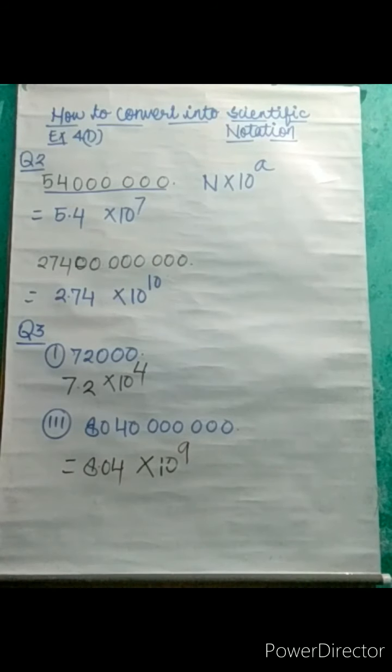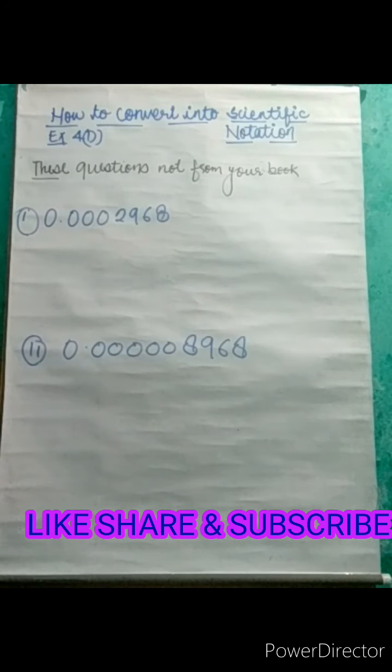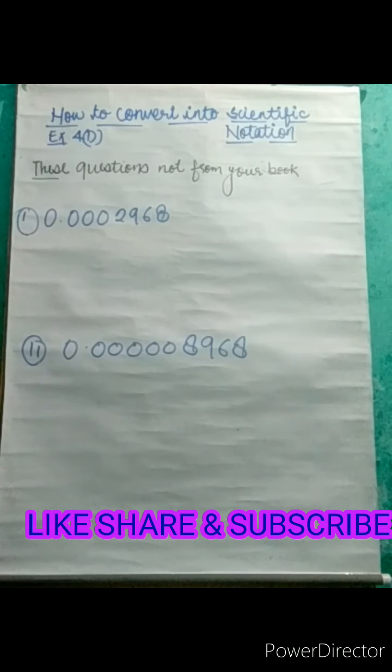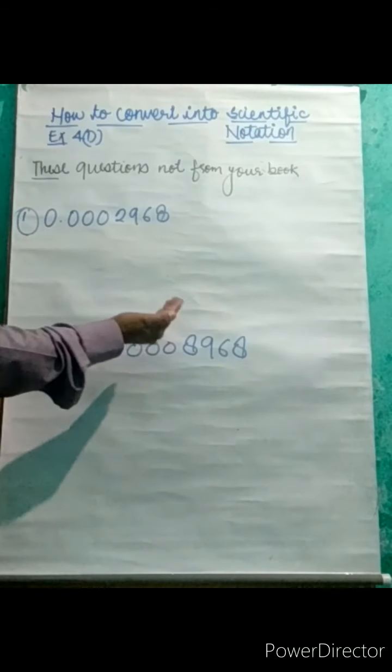Now we'll have examples when we are shifting the point to the right side. Now which questions am I solving now? There are two questions I have written on the board. These two questions are not in your syllabus book, these are from outside, but from here we will learn what happens when the point moves to the right side.